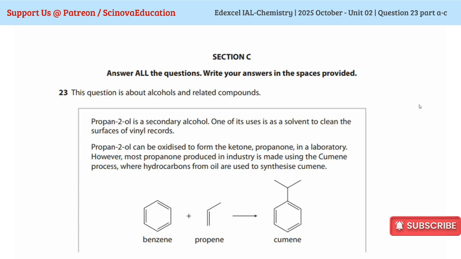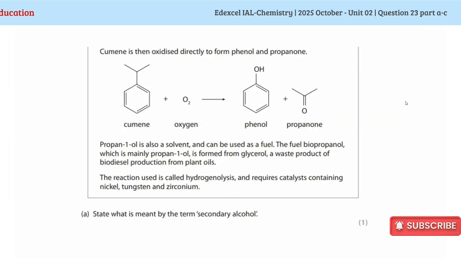However, most propanone produced in the industry is made using the cumene process, where hydrocarbons from oil are used to synthesize cumene. Then cumene is oxidized directly to form phenol and propanone. Propan-1-ol is also a solvent and can be used as a fuel.